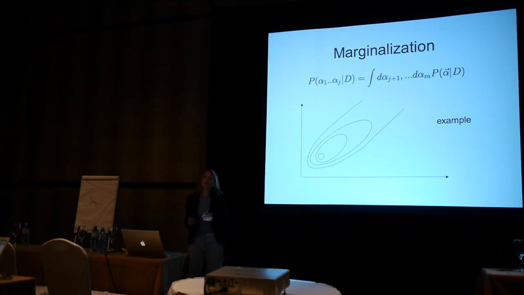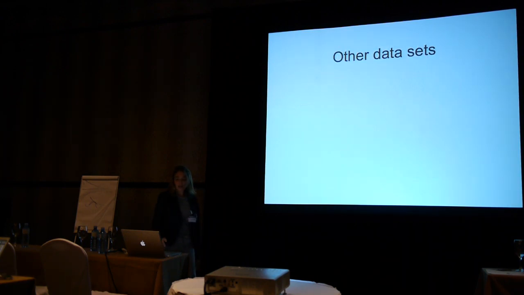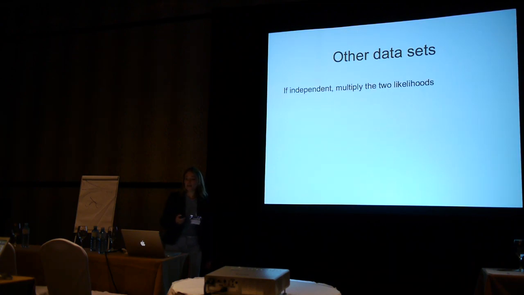Okay, so the other thing that follows for practical application from everything we said so far about the properties of probabilities and how to deal with priors is dealing with extra data sets. So you have a data set, you've done your analysis, and then you have another data set and you've done your analysis. How do you combine them?